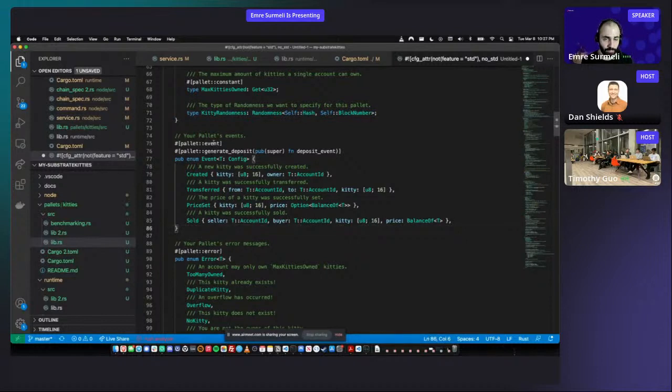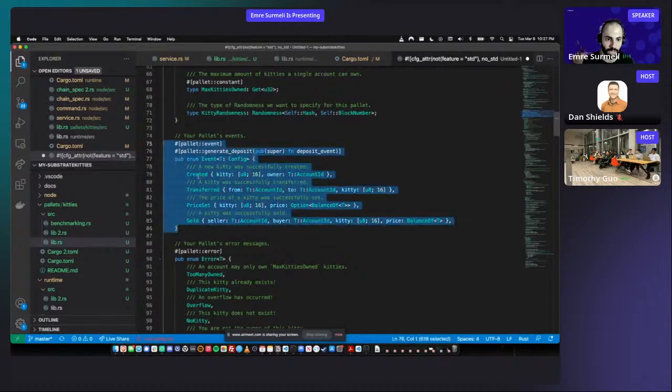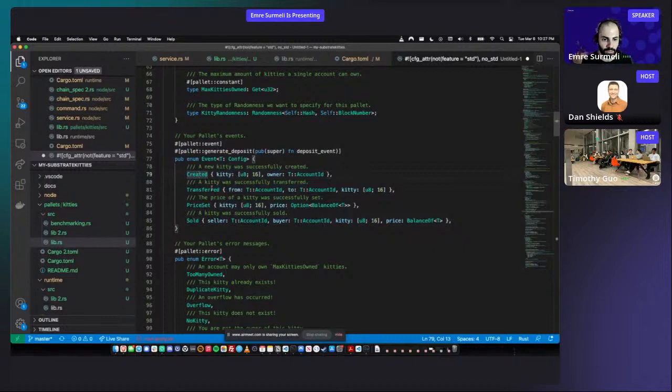So once we have our configuration of the pallet of the different types of things we want on it, we're going to want to actually create. So we have a configuration, we added events to our configuration. So let's see what it looks like to have events on our pallet. So we created an event called created. Once a kitty gets created, once a kitty gets transferred, once a price is set. And these are really important.